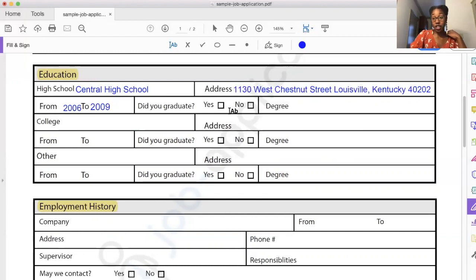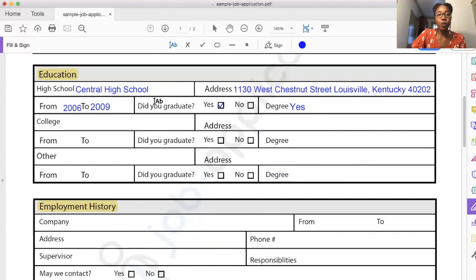Did she graduate? Yes. Did she get her degree? Yes. And sometimes you can give information about the degree. So maybe if you studied, for example, law, you could put law or a subject.